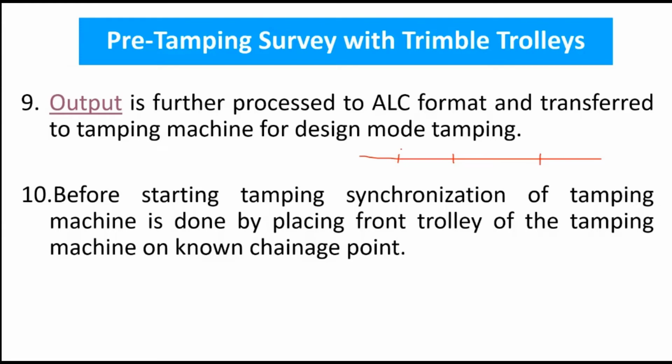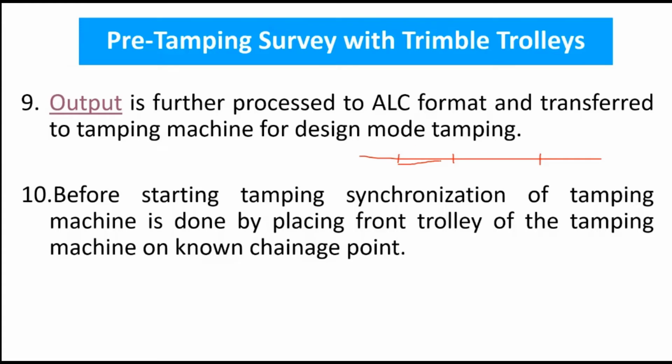Better if it is done at the control point, opposite the control point, or it can be any point with the known chainage. That chainage has to be recorded in the tamping machine, just to make the reference of the tamping machine the same as that of the survey reference.